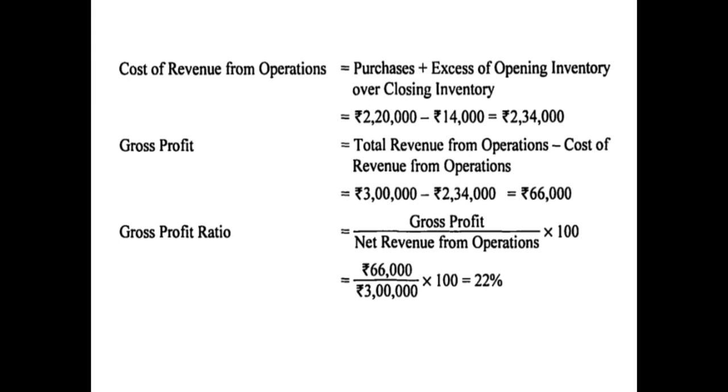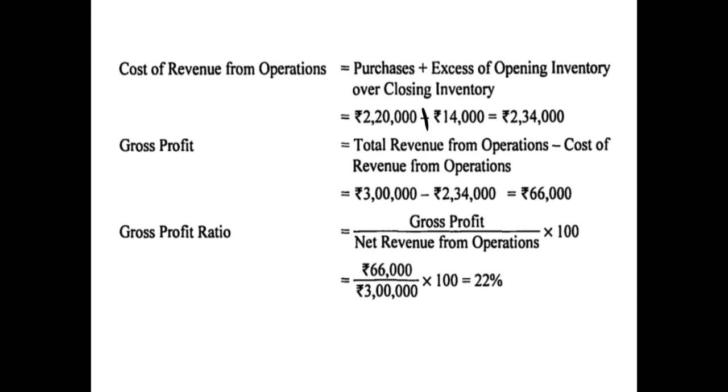So here the formula will be applied: purchases plus excess of opening inventory over closing inventory, that means 2,20,000, and excess of opening inventory over closing inventory, that means whatever we are getting, we'll be adding that.